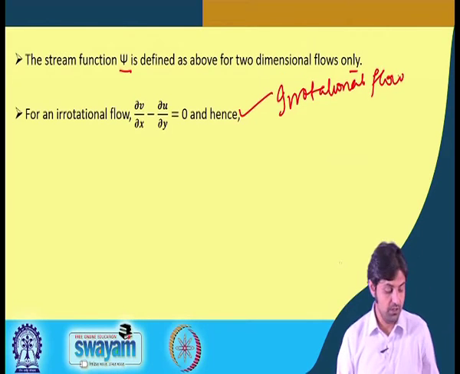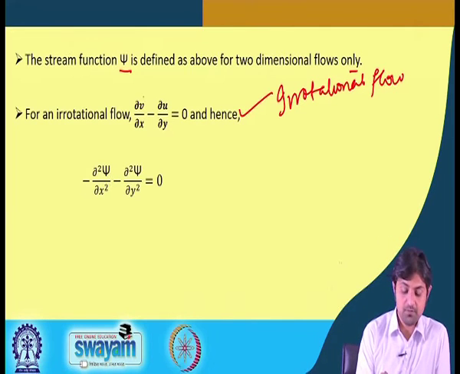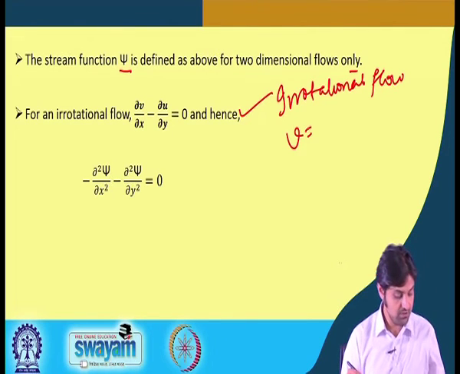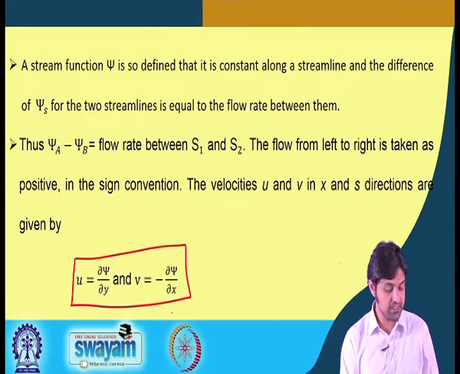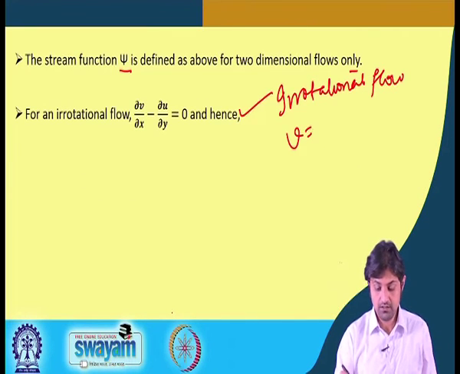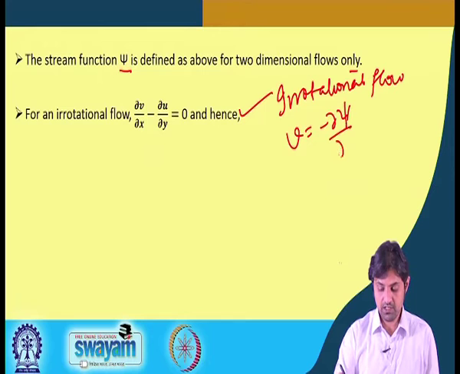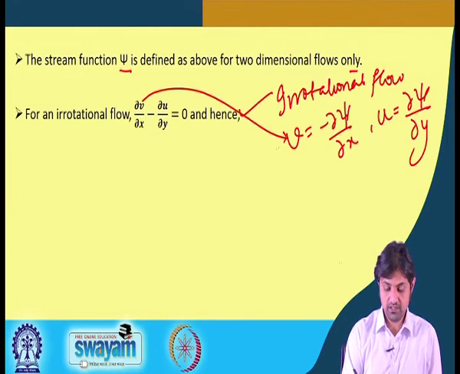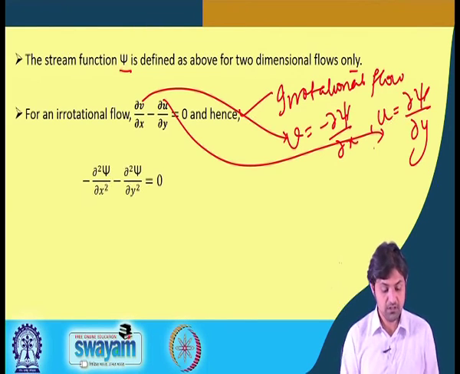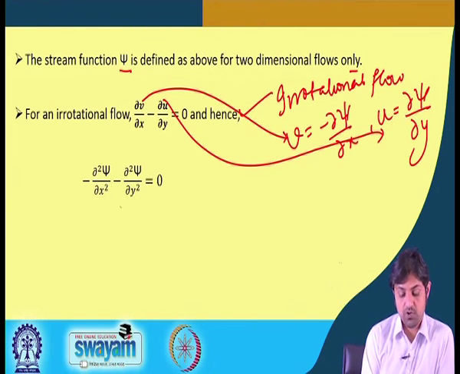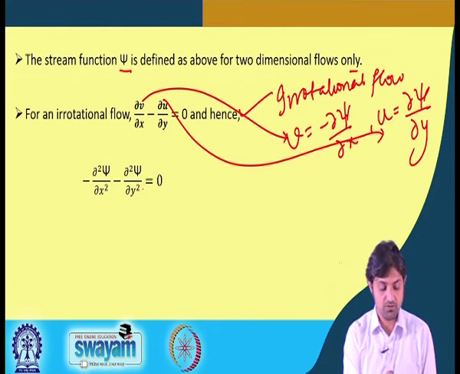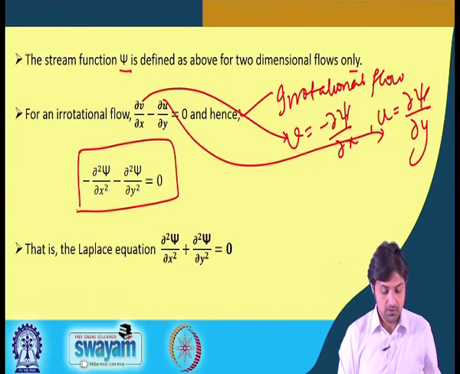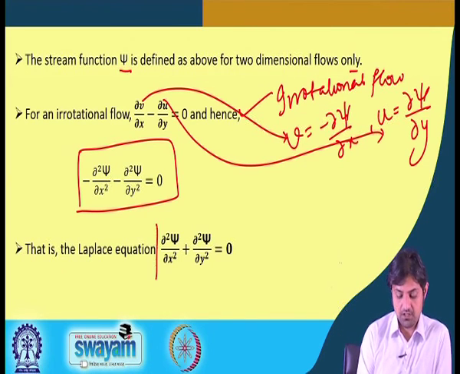Therefore, if we substitute v as minus del psi by del x, and u as del psi by del y, you are going to get minus del square psi by del x square minus del square psi by del y square is equal to 0, and this is the Laplace equation.